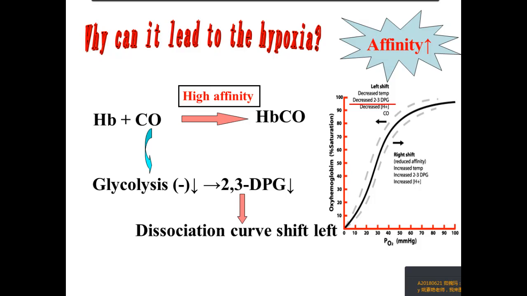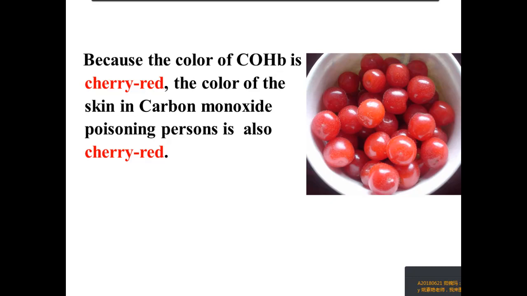Now, you might remember the color of skin. The color of skin reflects the color of blood. So in carbon monoxide poisoning, carboxyhemoglobin is produced in the blood.